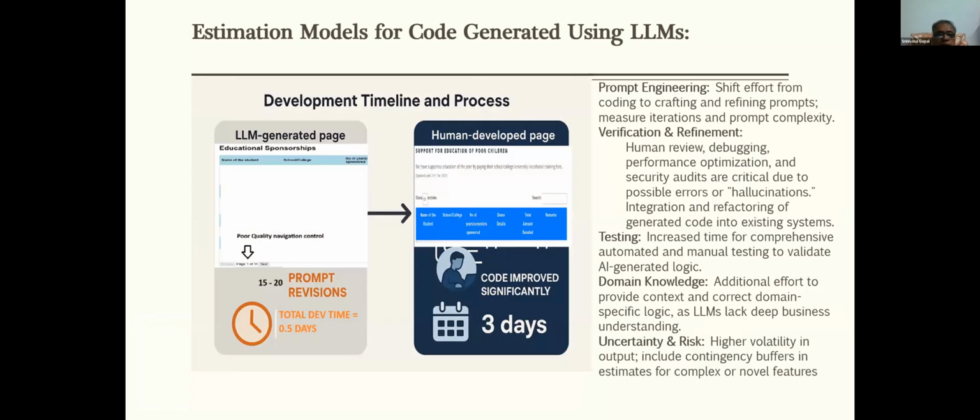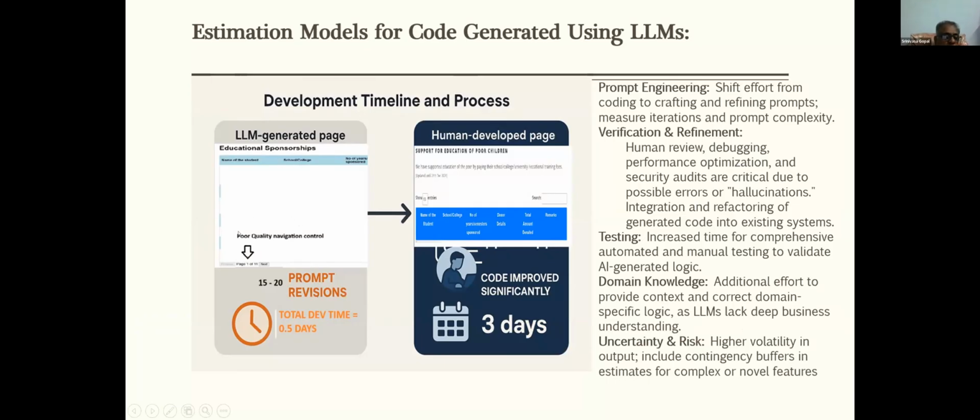So here you see the same. You're developing these estimation models for code generated using LLMs. On the left-hand side, there is a simple page that was generated using a large language model, and there were nearly 15 to 20 prompt revisions, and it got developed within, say, a quarter of a day or half a day.